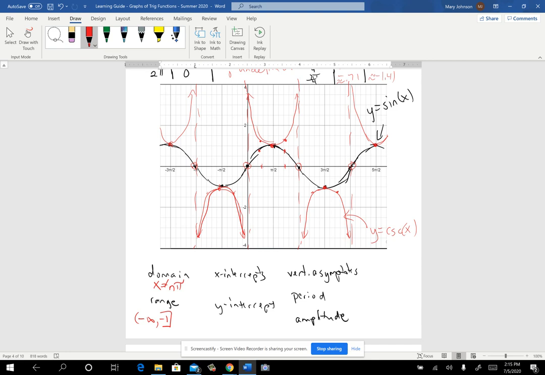But then there's a gap. See where the sine graph is located there in the middle? There are no ordered pairs that are part of the cosecant. So you have to jump over that and you pick back up at 1 and go towards positive infinity. So it's like the range is everything but what you had for the sine graph.